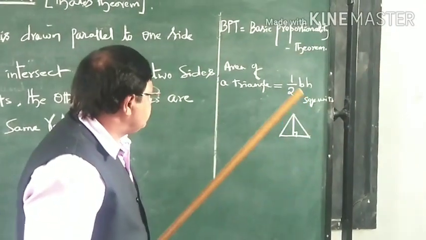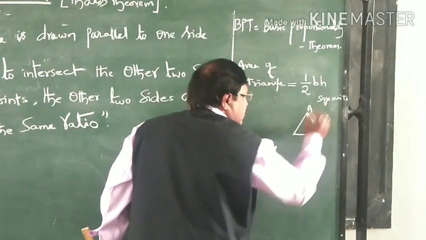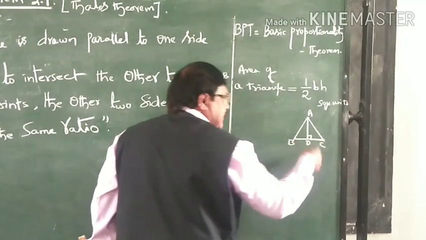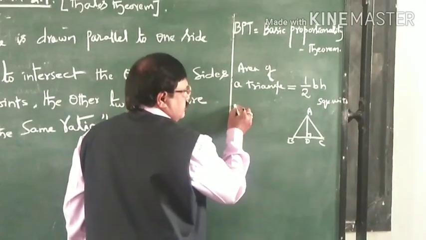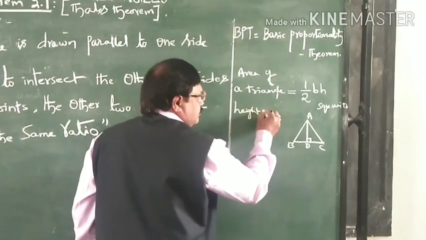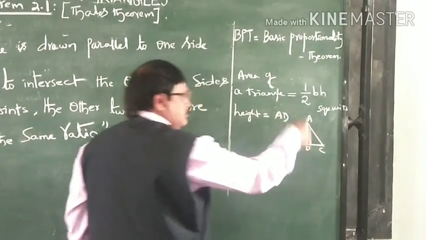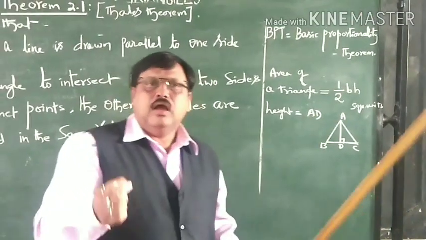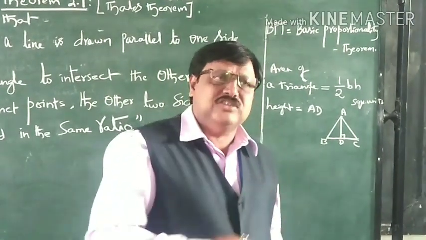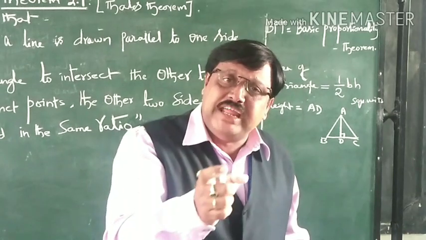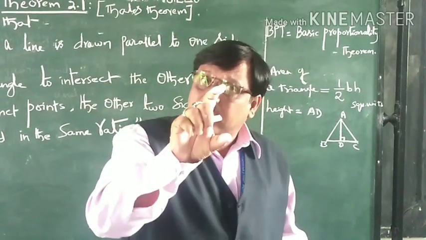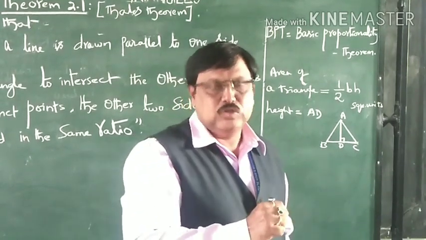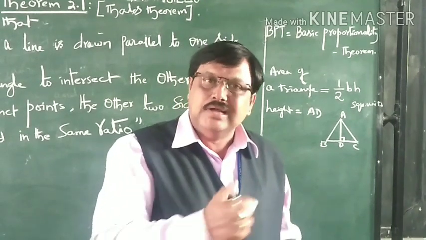If you take a triangle, the vertex point joined to its opposite base is the altitude, height of the triangle. So height of the triangle is nothing but, in this figure, AB. So you need the formula and this height. And in 9th standard you have studied about the triangles between same parallels having same base are equal in area. You can remember that. I will apply that on this theorem.